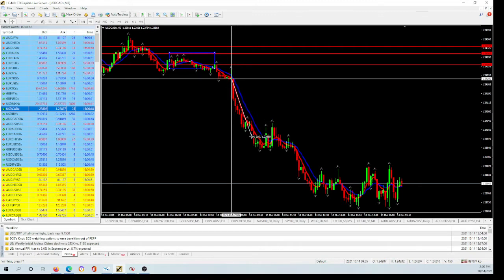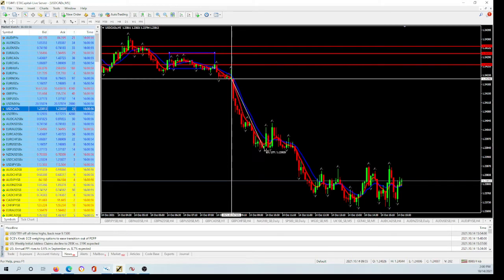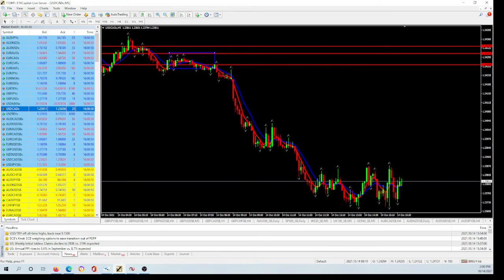That is where you enter your sell, and your stop loss will be here, and then your profit will be here. So when you come here, this is also not valid, because this is a consolidation area. So this is where you are looking to enter your next trade here.